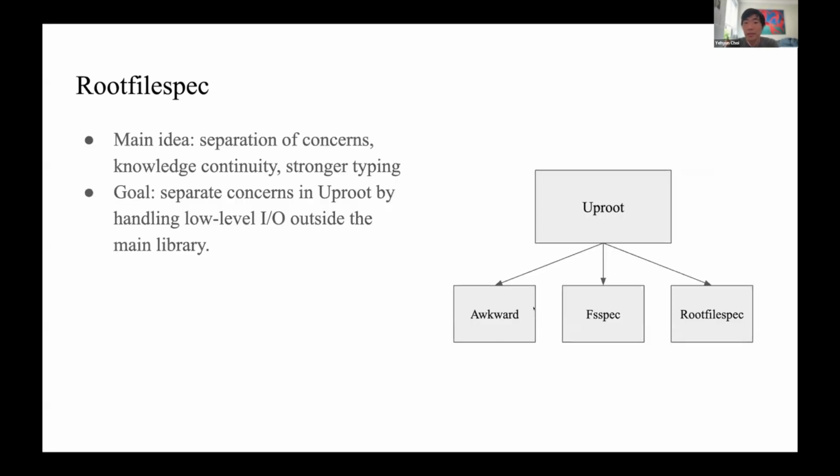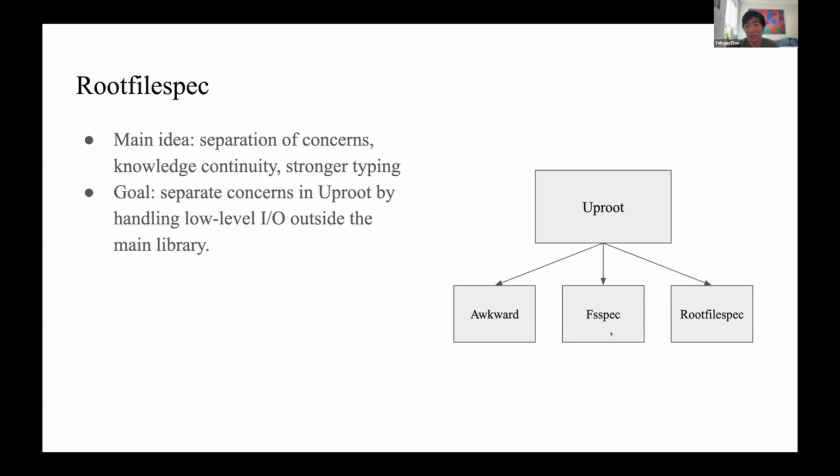The idea behind root file spec is separation of concerns. On the right, I have a neat diagram. Up there is Uproot, which handles the low-level decoding and high-level Python interfaces. But now we want to split the concerns into awkward arrays, which handles and represents the data, and fspec actually reads the data.